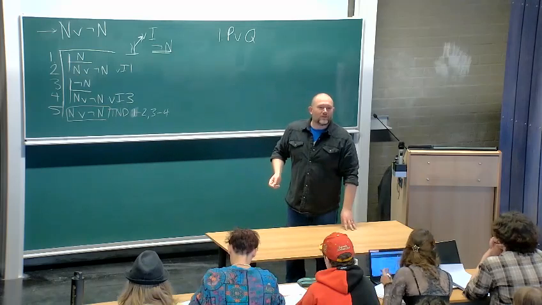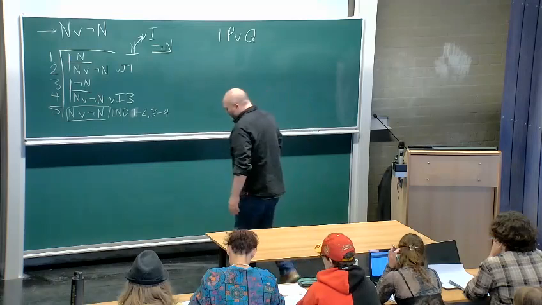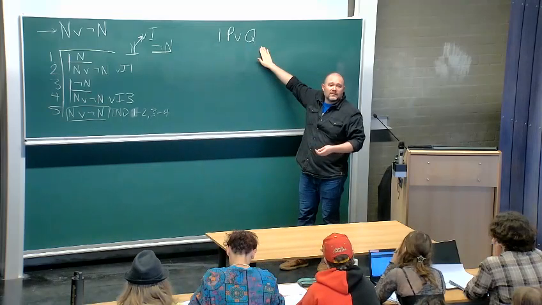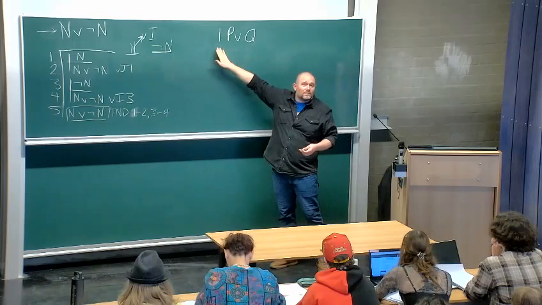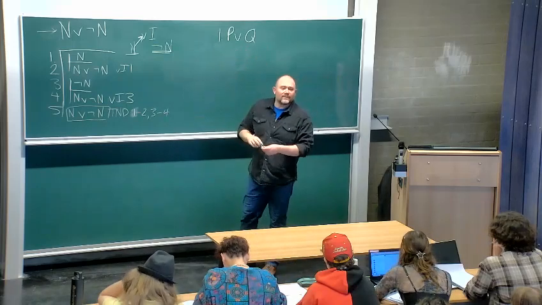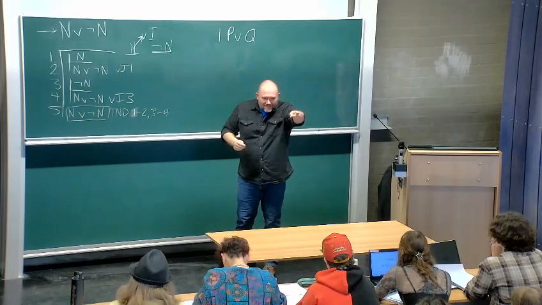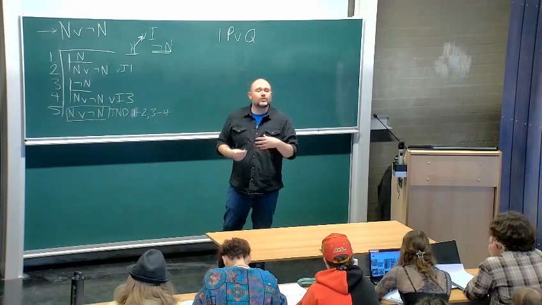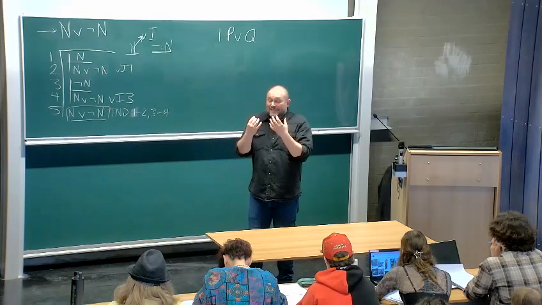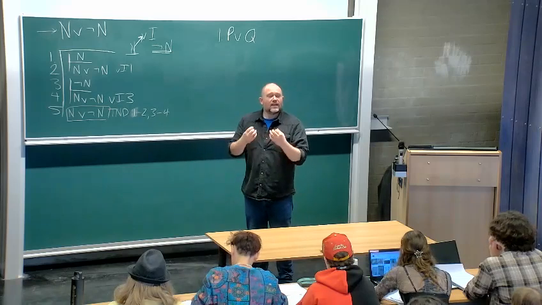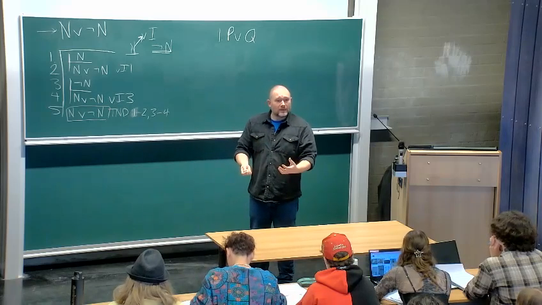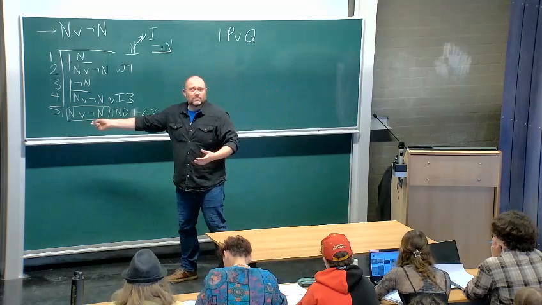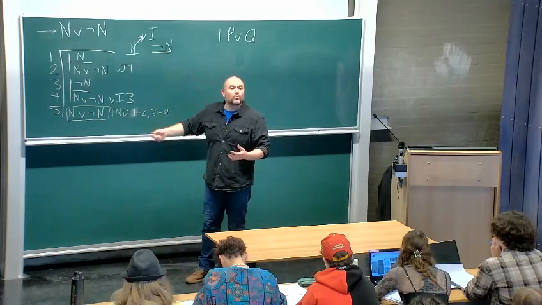Note that there's no way we're going to get this from nothing, because this is not a theorem. The only way you get that from nothing is because it's N or not N. Exactly, right? Effectively, when we're proving something's a theorem, we're showing its logical structure, its syntactical structure, is enough to guarantee that it's true. It doesn't matter what sentence N stands for here. This is always true. And that's what this proves.